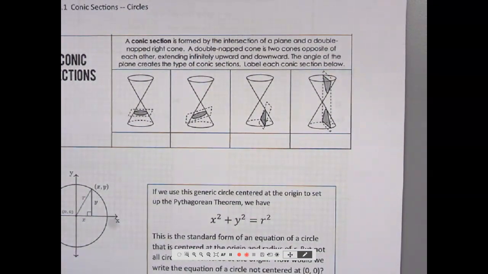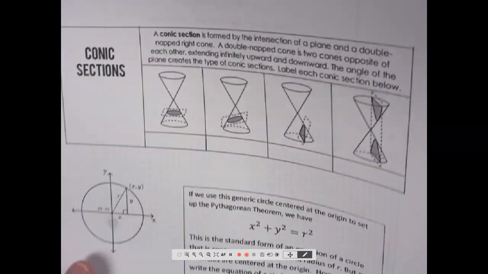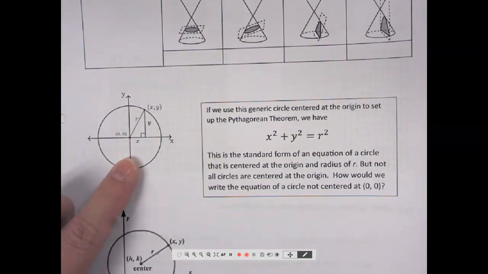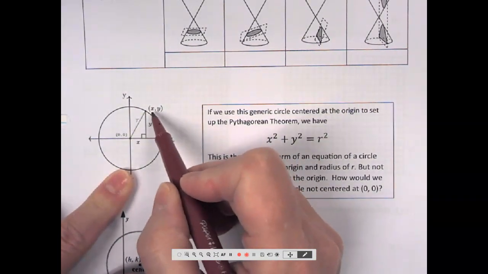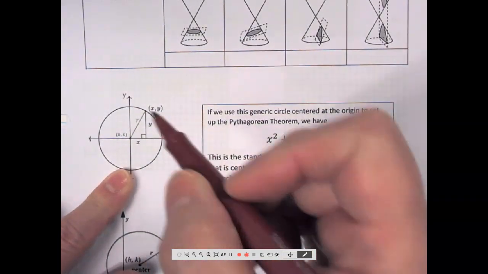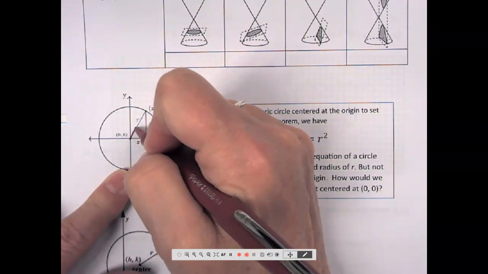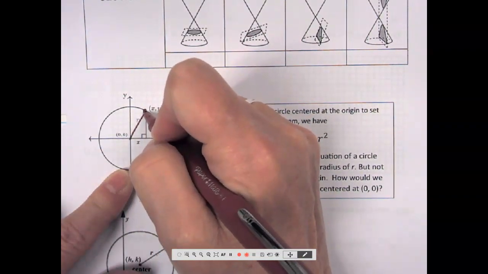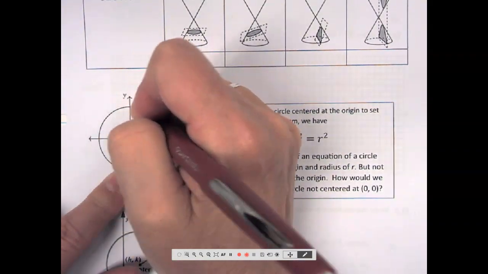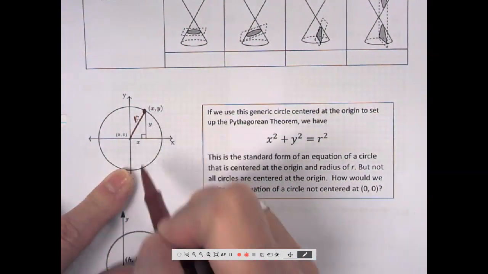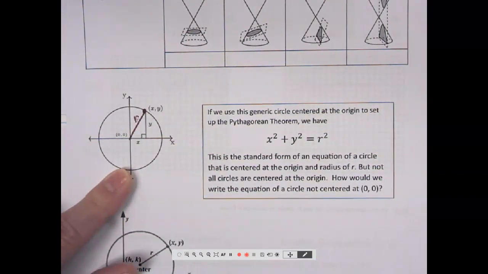Okay, so let's take a look at this circle here. It is centered at the origin, and I've got some generic ordered pair x, y on the circle, and then I drew out from the origin to this ordered pair, which is really just a radius of that circle. And then this is x, this is y, and you're thinking, okay, she said we weren't doing sine, cosine, tangent. We're not.